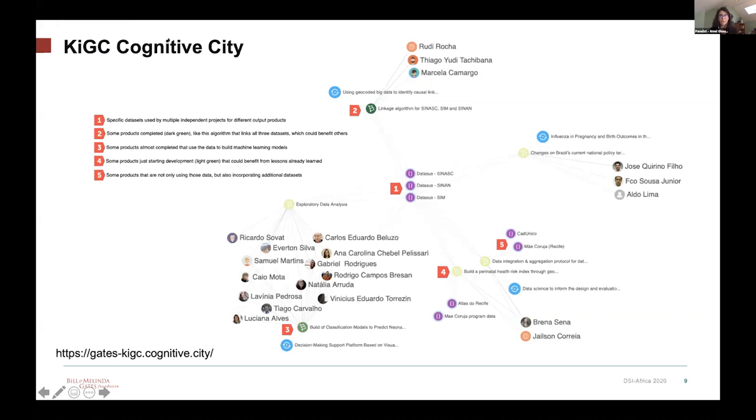So it's a cognitive city dedicated to KIGC, to which all grantees from the different regions are invited. And it's a great way for them to understand what the different teams in the different regions are working on, what type of data sets they're working on, what type of methods they're using, and it really fosters collaborations between them.